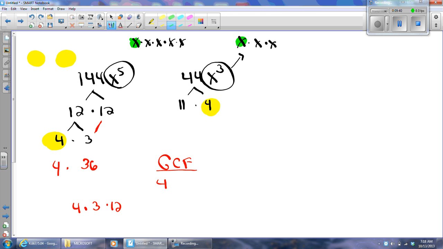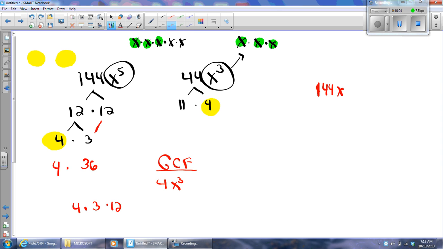That's common. I have a second one here and a second one there. So now I'm up to 2 x's being multiplied, a third x, and a third x. So the GCF must be x cubed. Why x cubed? X times x times x. X cubed. Okay?